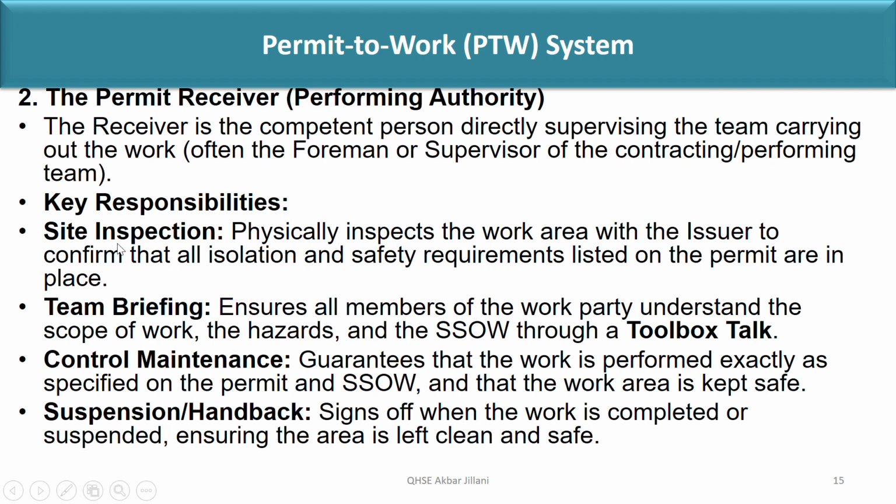Then key responsibilities: site inspection, physically inspect the work area with the issuer to confirm that all isolation and safety requirements listed on the permit are in place. So the one who is issuing the permit will be along with the permit receiver.